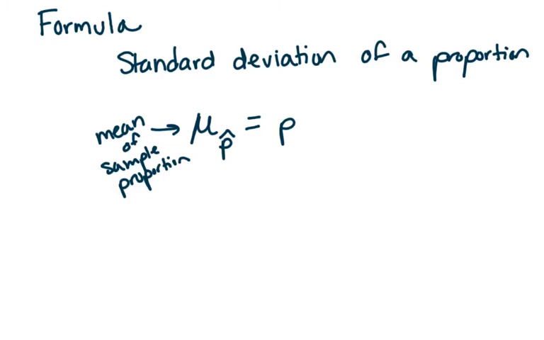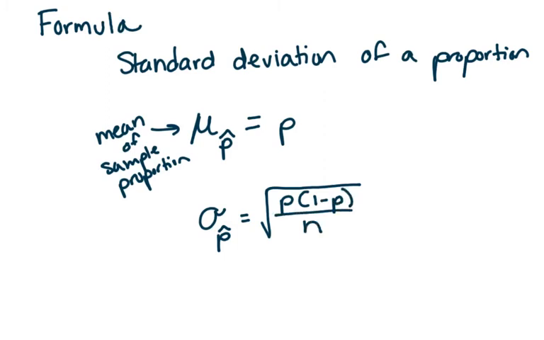The next is the standard deviation. So the standard deviation of the sample proportion is going to equal the square root of p times 1 minus p over n.